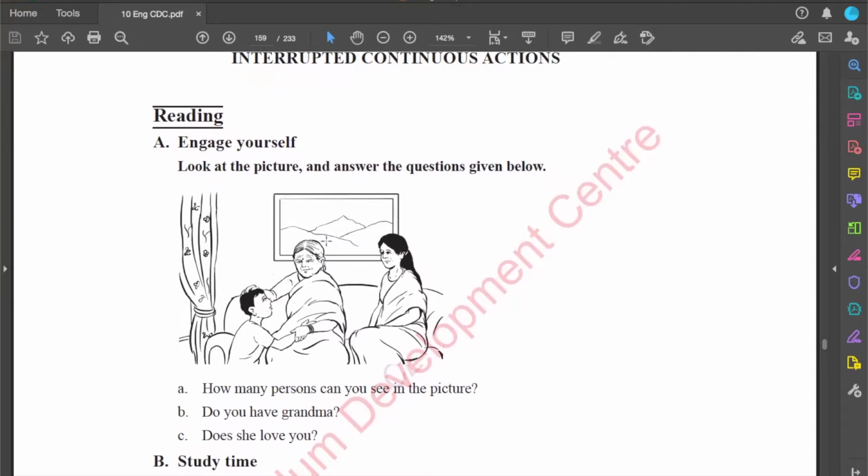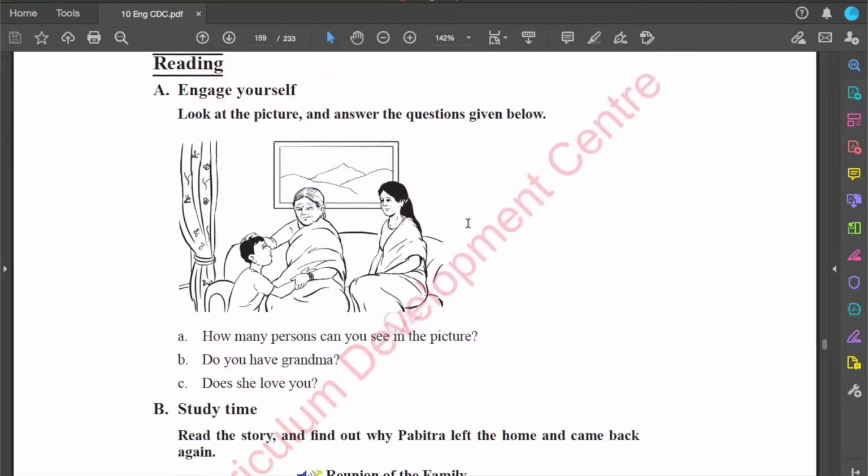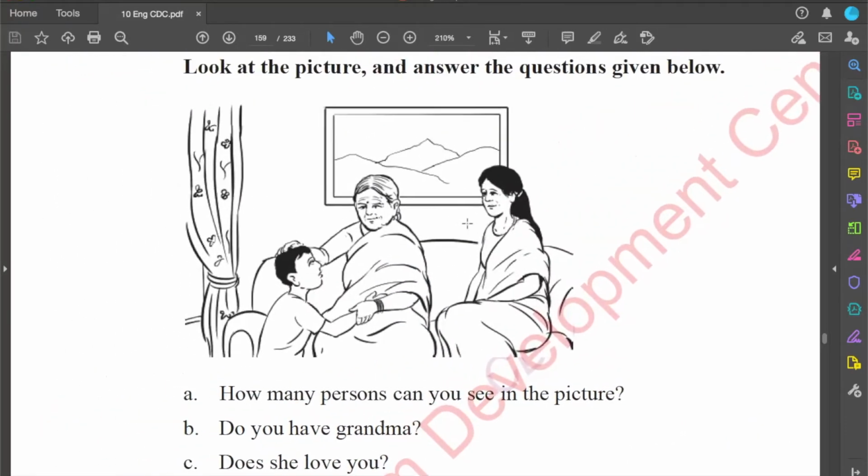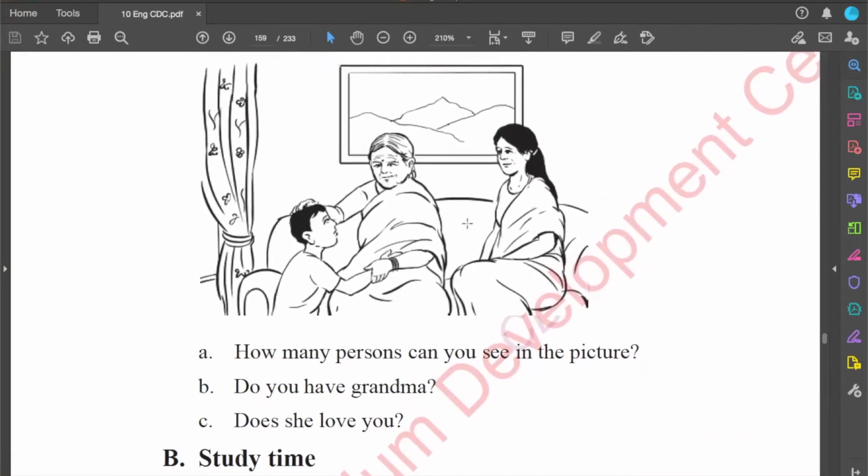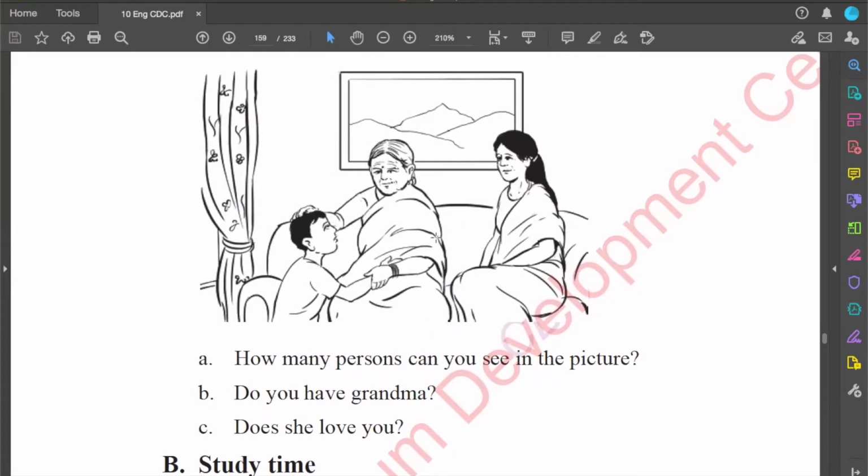It's not necessary that you give the correct answer; it is only for brainstorming. There are some questions related to the picture. How many persons can you see in the picture? Do you have a grandma? Does she love you?